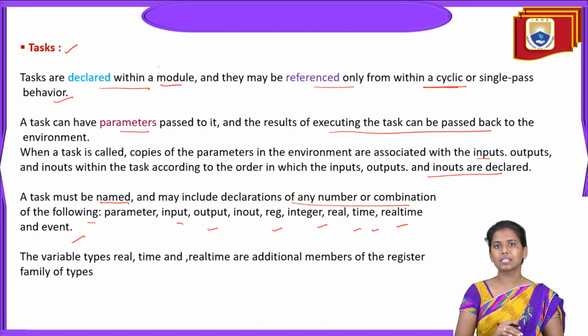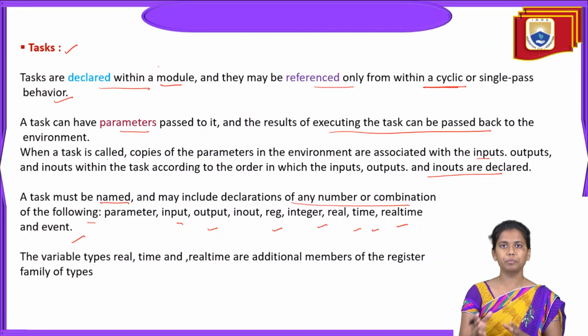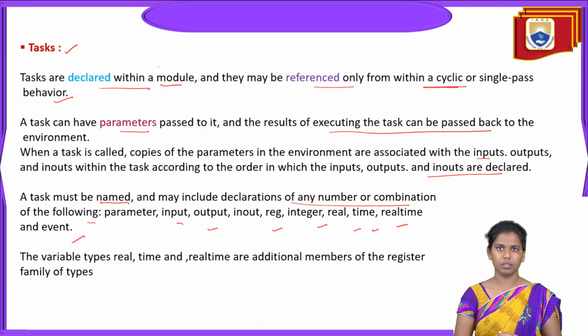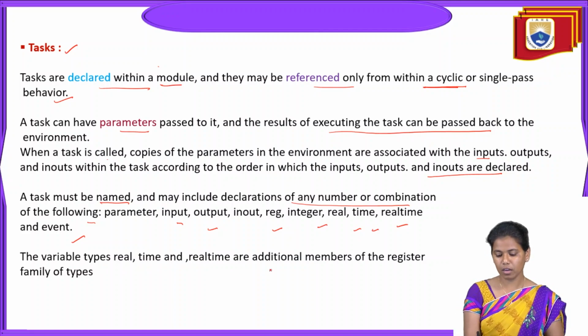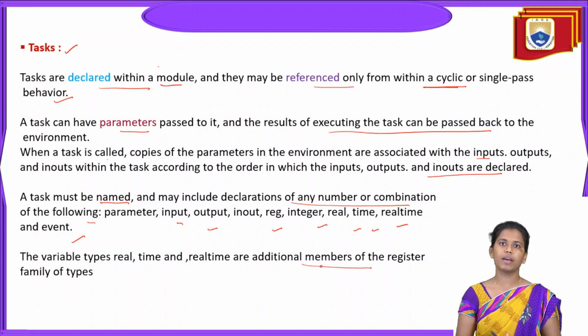So remember, a task is declared within the module, and it is referenced only in the form of a cycle. The task has parameters in terms of input, output and inout. The variable types real time and real time are additional members of the register family types.